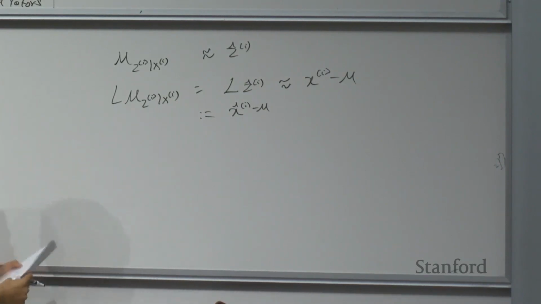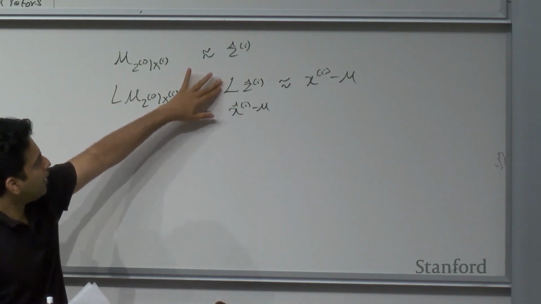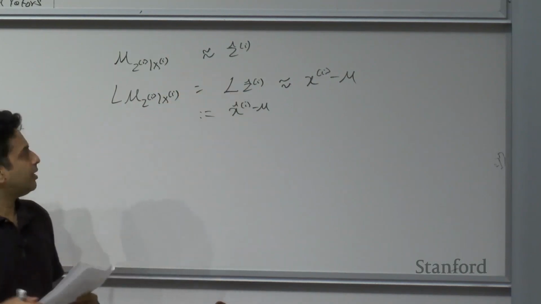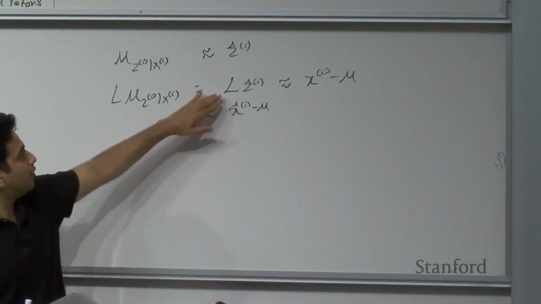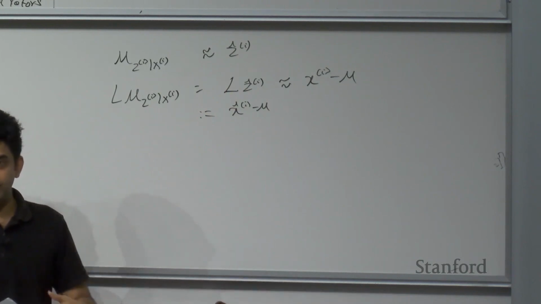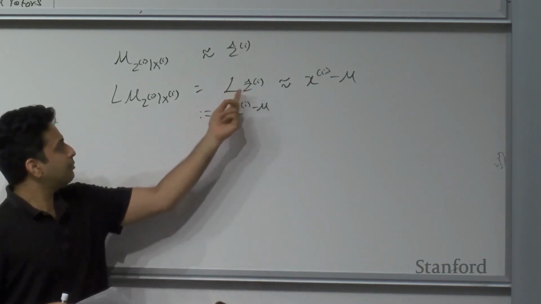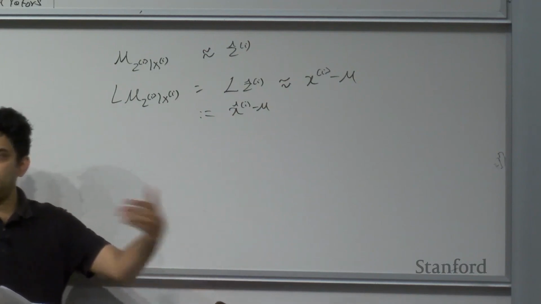Now, what can we think of this as? Think of L z hat i to be the reconstruction of x. So z hat i is our best guess of what z is given x, and then L times z hat i is where we are now going from z back to x.